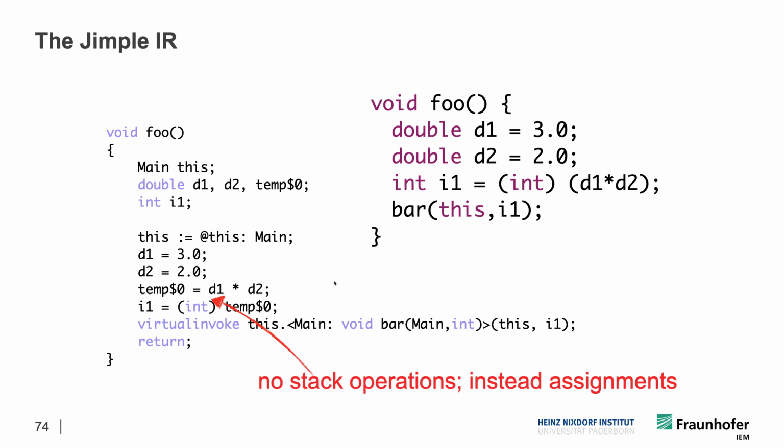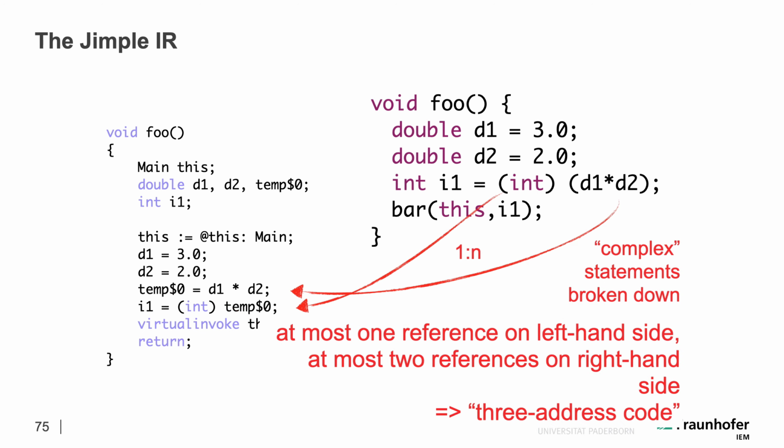That's a very nice feature because now everything is explicit and not implicit anymore. Just by looking at a single statement such as the multiplication, you can directly see which operands are involved. Another difference is that complex statements are broken down, which is a difference to source code. This source code line here is a somewhat complex statement: it's doing two operations one after the other.